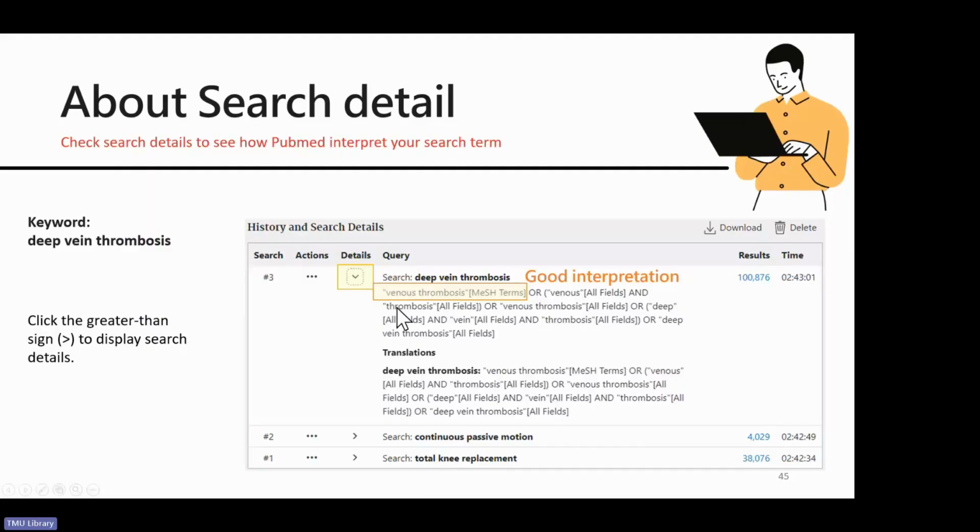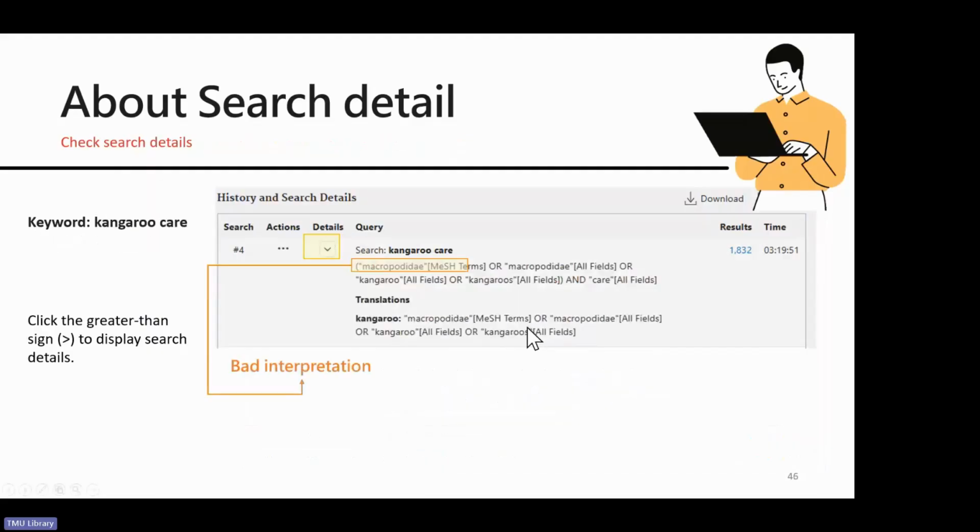This is good. And also, like we just mentioned before, it also goes to the other fields. So this looks good. And sometimes bad or inappropriate interpretations happen. In this case, my keyword is kangaroo care.